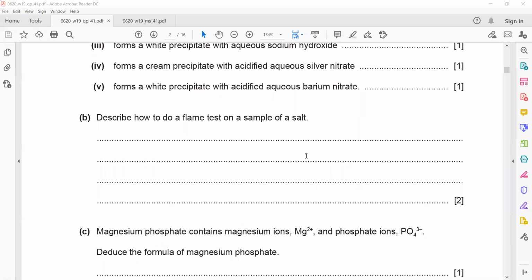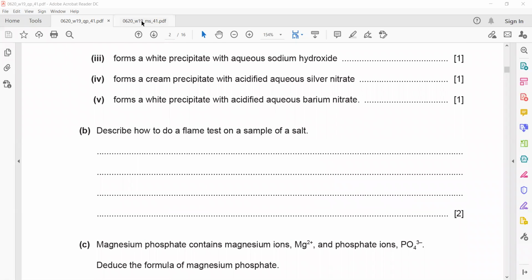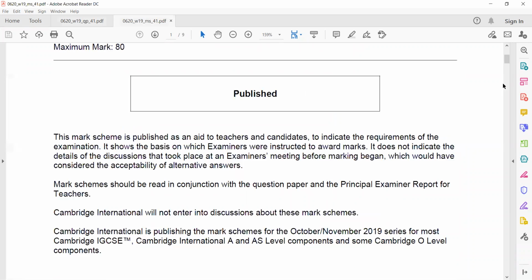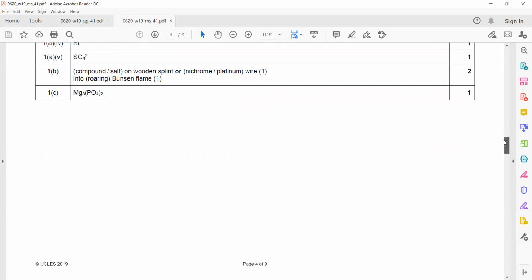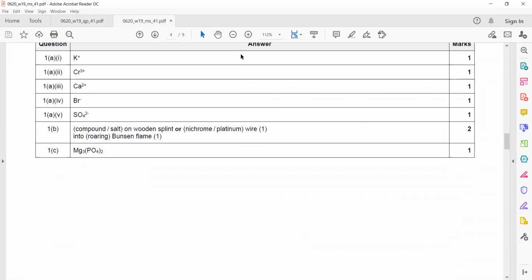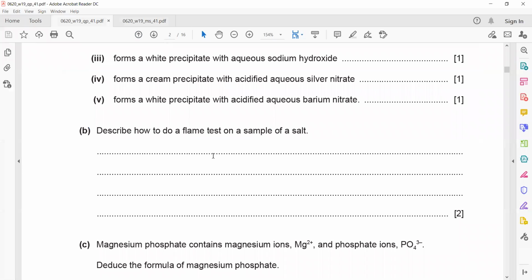Describe how to do a flame test. So how we carry out a flame test, you can see the procedure. We take a nichrome wire, a nickel and chromium wire. Take the sample, the compound, and place it above the red hot or the hottest part of the flame. So use nichrome wire dipped in HCl.